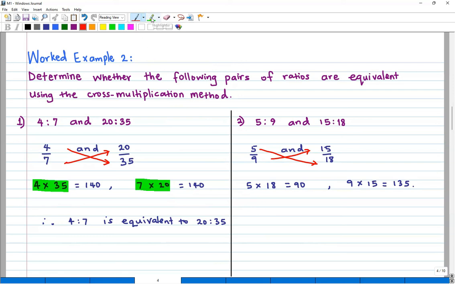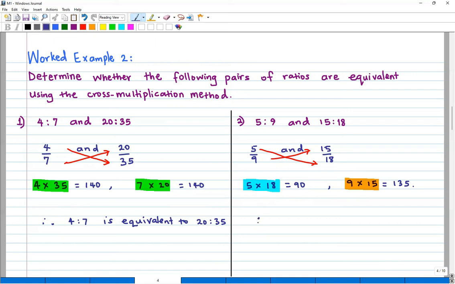Now, you can see that 5 times 18 is not equal to 9 times 15. Okay? Since they are not equal, then it implies that these two ratios are not equivalent.